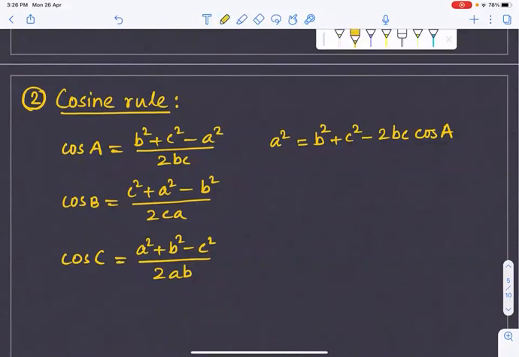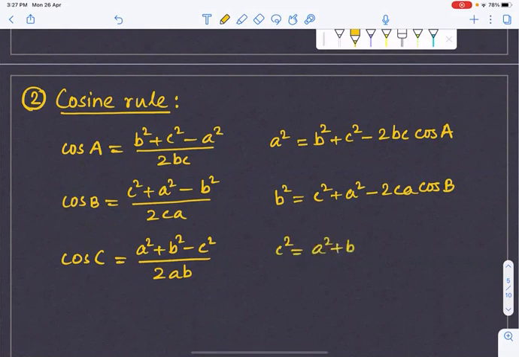Similarly, we can get b square equal to c square plus a square minus 2ca into cos B, and c square equal to a square plus b square minus 2ab cos C. Right? So these are the cosine rules. This is one form and that is the other form. Both are the same thing but written in two different forms.